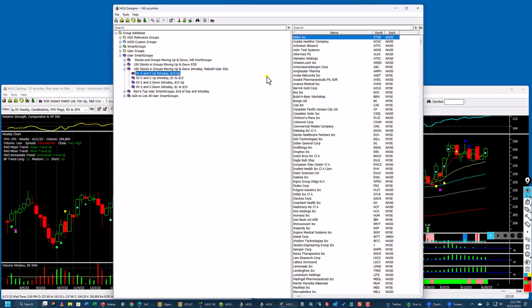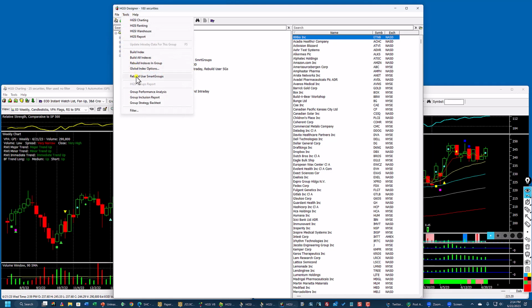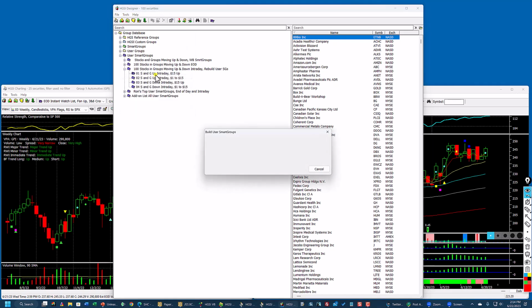So rather than working from the warehouse to begin with, let's go in and look at these stocks. First of all, let's just rebuild the User SmartGroups. I'm throwing a lot at you here, and it's probably confusing, but it'll become clear as I go through this.